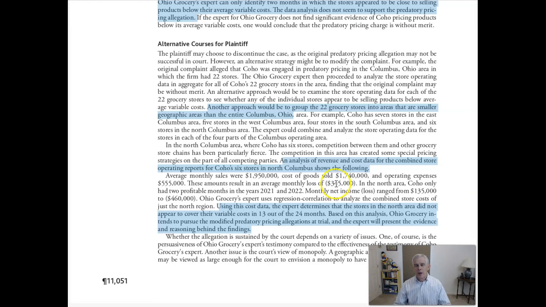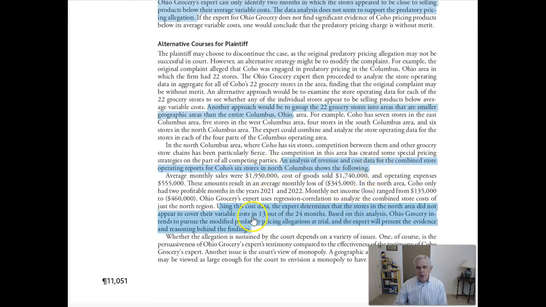When this was done, Ohio Grocery's expert found out that Coho had 7 stores in the east area, 5 in the west, 4 in the south, 6 stores in the north. More analysis was done by those quadrants. Analysis of revenue and cost data from the operating reports for Coho's 6 stores in the north shows the following. Look at this.